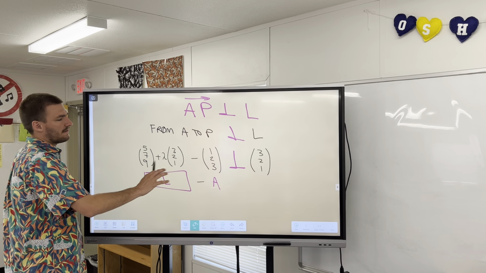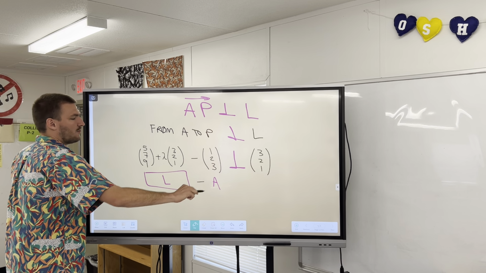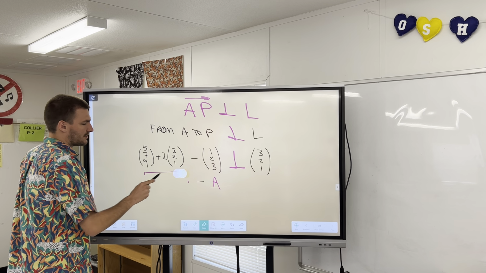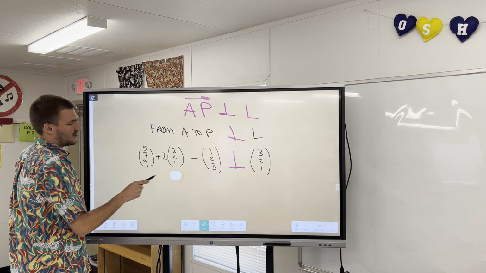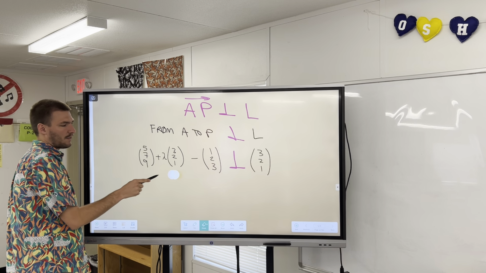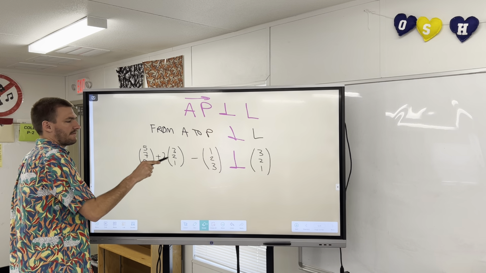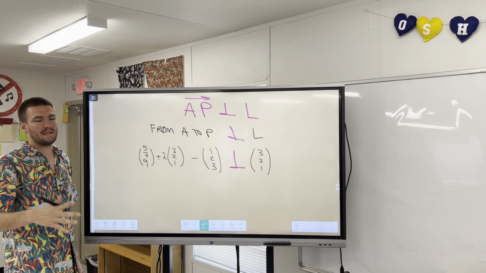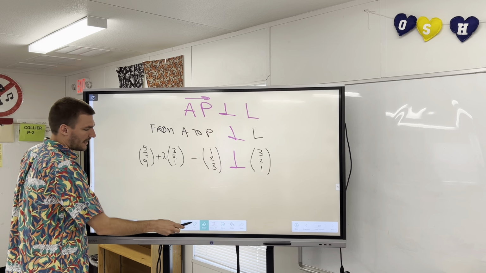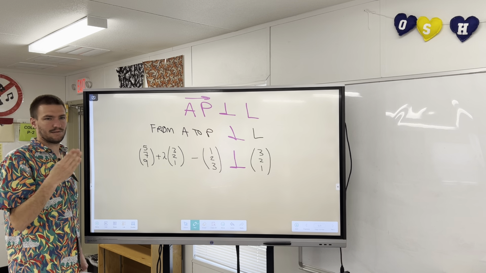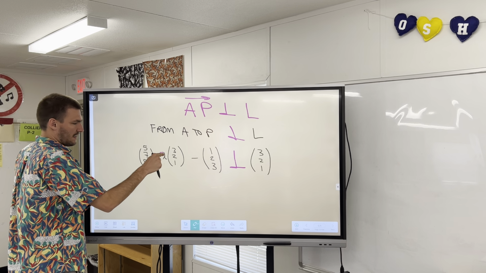We need to do some math really quick, because the left side is kind of a mess. I understand a vector plus lambda vector, but vector plus lambda vector minus vector is too many things to juggle.